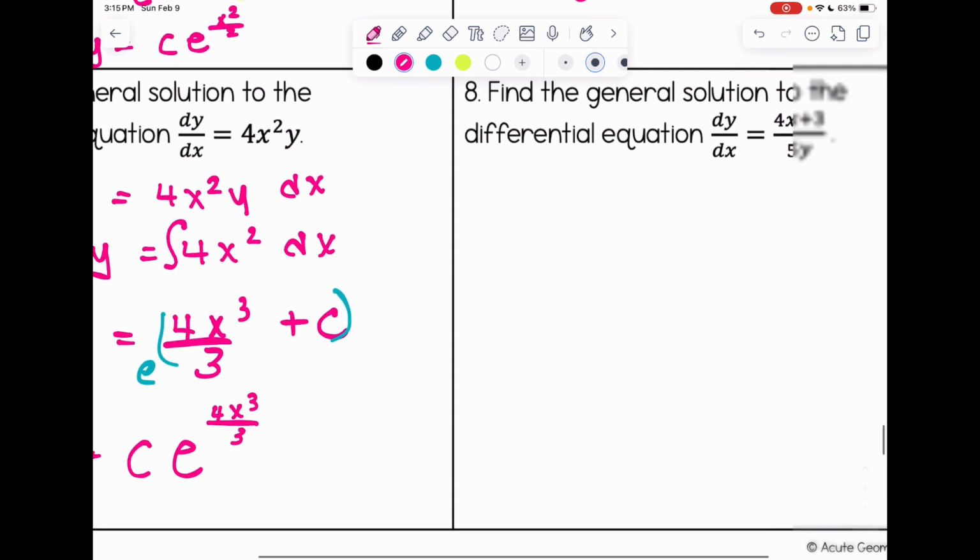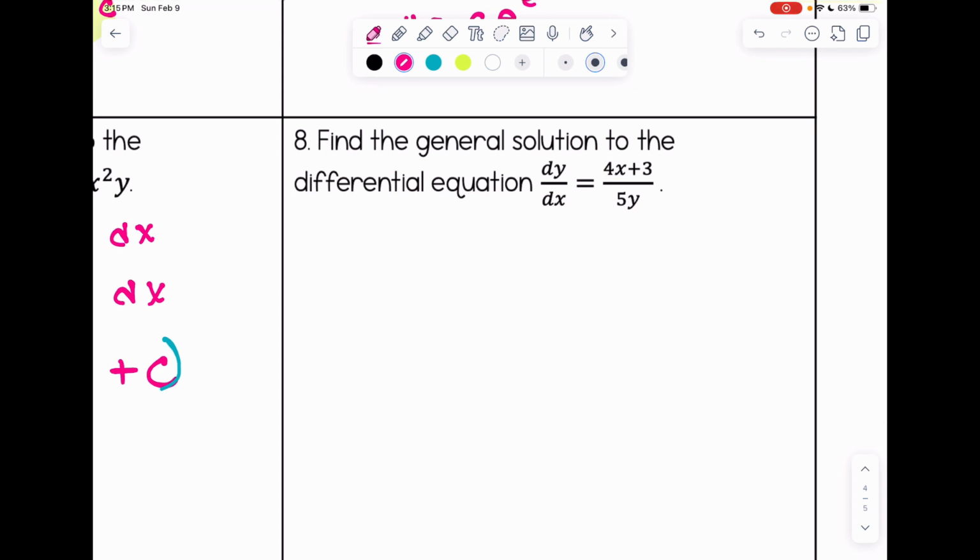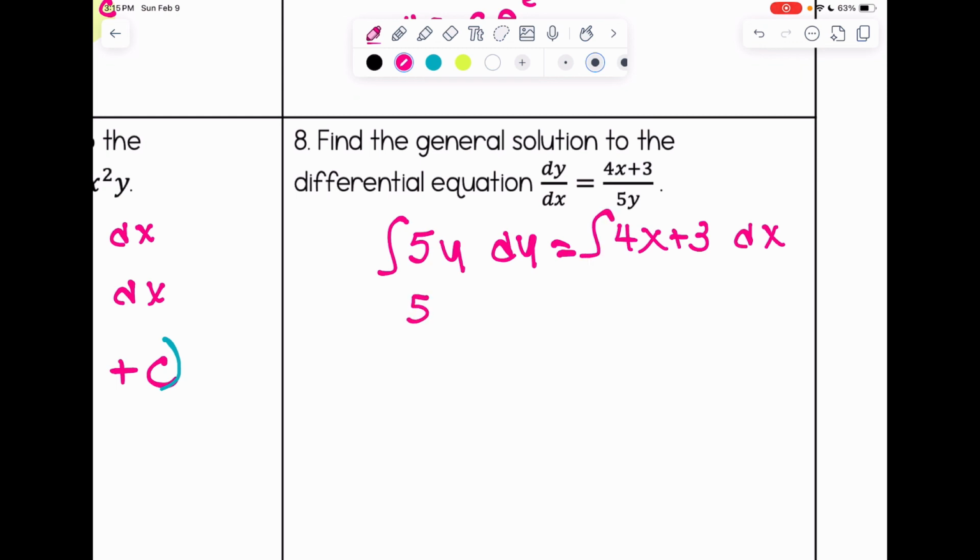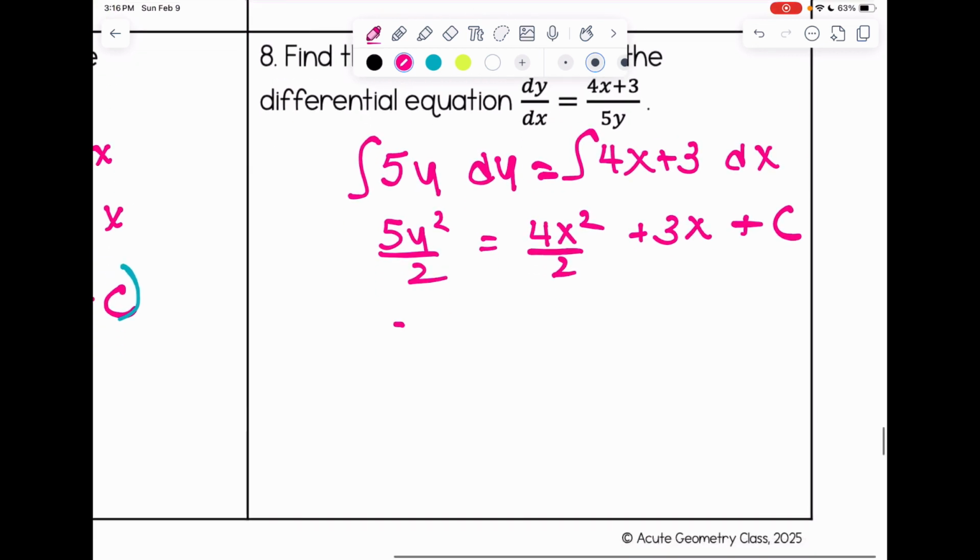All right, one last question here for number 8. Cross multiply. This successfully separates the variables, so I know I'm not going to have the natural log and e throughout the work of this question. So now I can integrate. And we want to get y by itself. So I'm going to start by multiplying everything by 2.